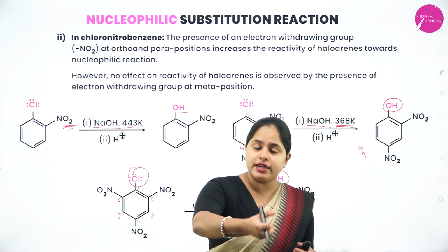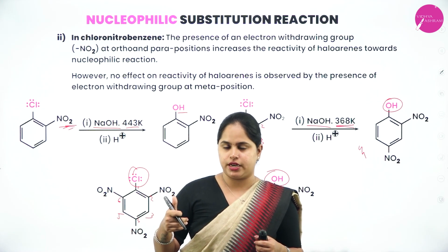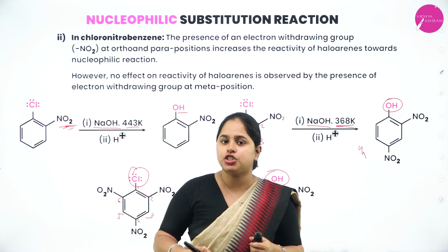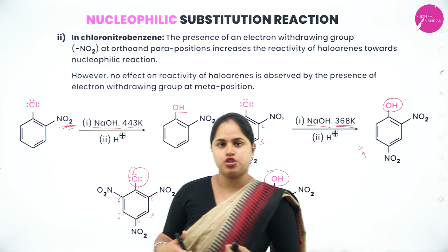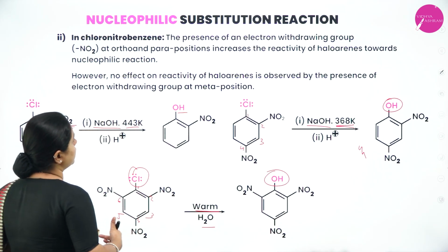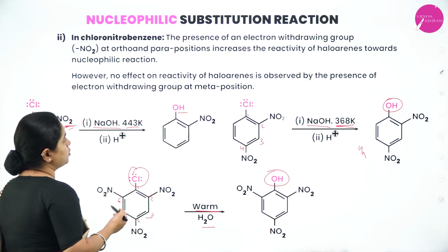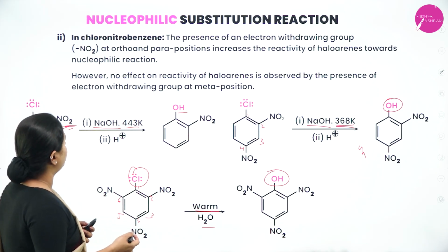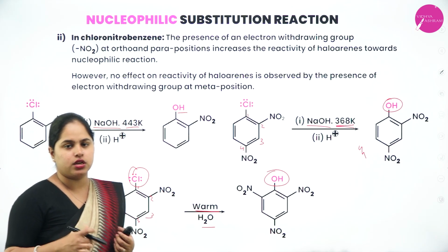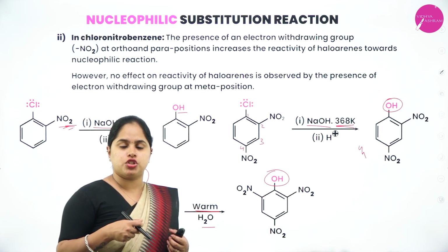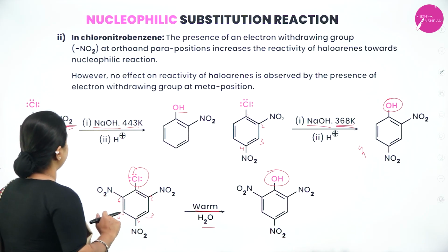They take up electrons from the benzene ring and reduce its electron richness. When the electron richness becomes less, it becomes more ready for the nucleophilic substitution reaction. So that is what is written here: the presence of an electron withdrawing group at ortho and para position increases the reactivity of haloarenes towards nucleophilic reaction, because it reduces the electron richness of the benzene ring.